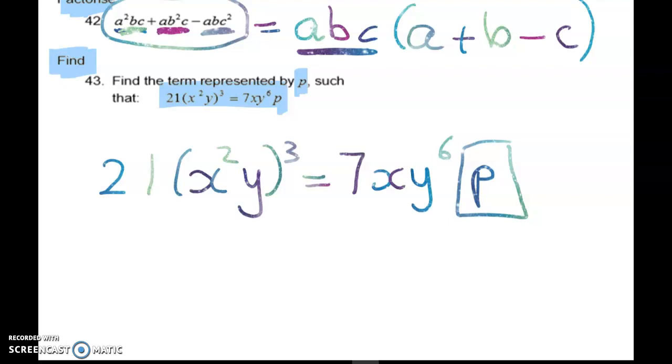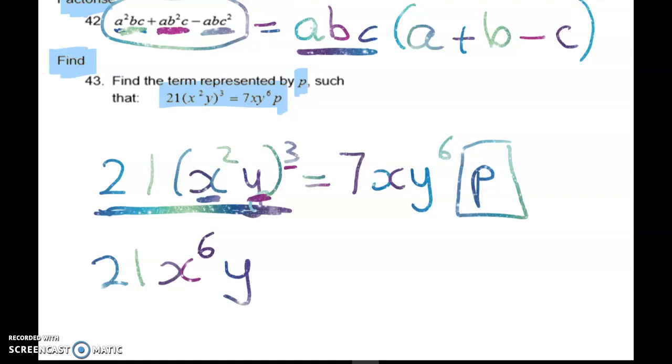Now, let's look first of all at what we can do to clean this left-hand side up. Well, we know our index rules work like this. So we've got 21 times x squared to the power of 3, which is x to the power of 6. And here we've got y cubed equals 7x y to the power of 6 times something we don't know.